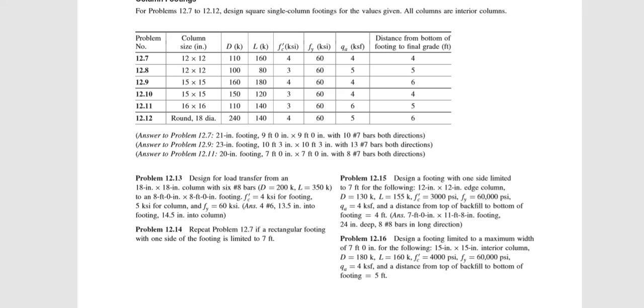And then the distance from the bottom of the footing to final grade is 5 feet, that means 60 inch. So we will design this footing: the column size given, load given, material properties given, soil strength given, and the depth of the foundation is given.